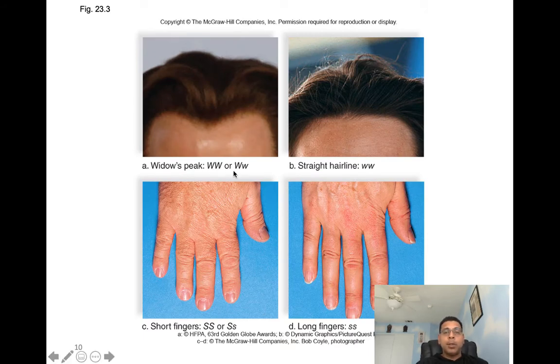Capital W in the genotype indicates the widow's peak. The lowercase w's, straight hairline. And we're talking finger length. We said short fingers are indicated by the capital S. Long fingers, the recessive allele, a small s.